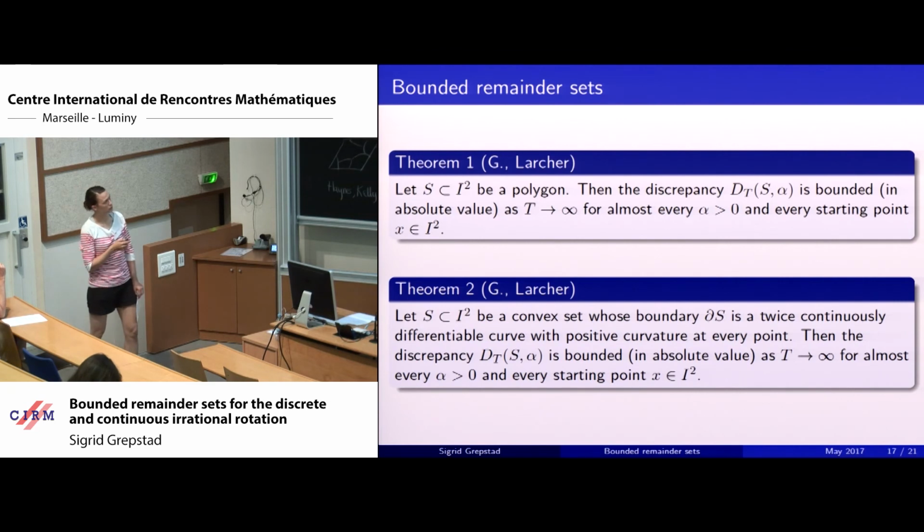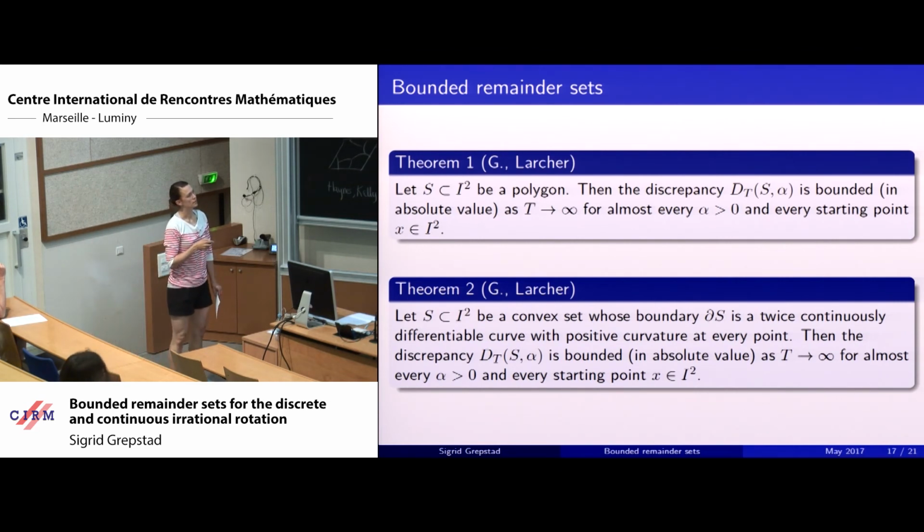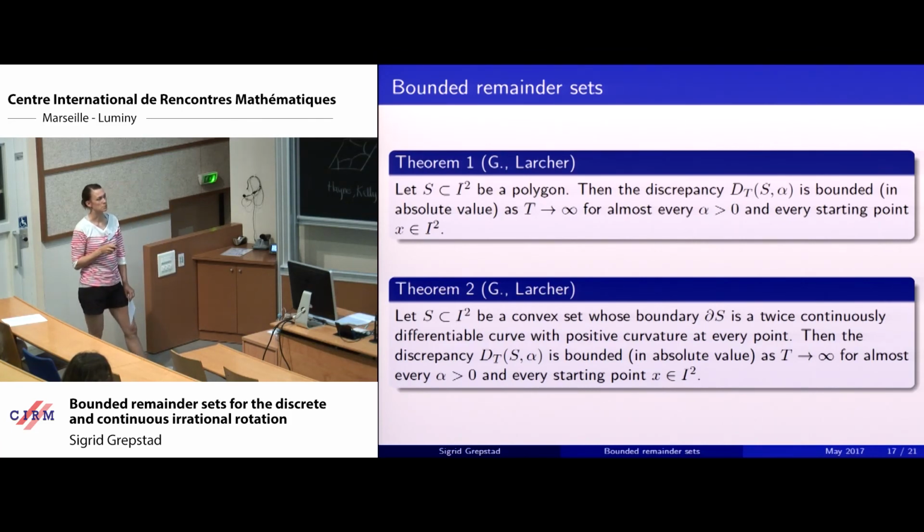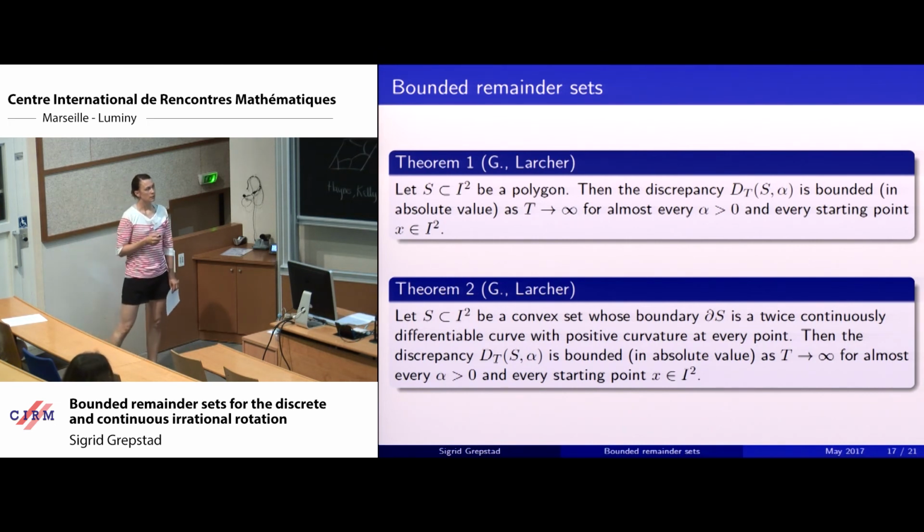And moreover, if S is a convex set whose boundary is twice continuously differentiable and has a positive curvature at every point, then you have the same property that this discrepancy is bounded in absolute value as t tends to infinity for almost every positive alpha and every starting point x. So the situation is really very, very different from the discrete setting.